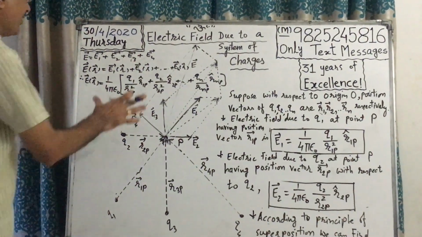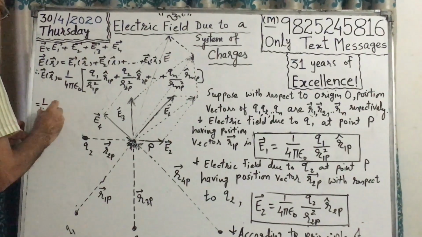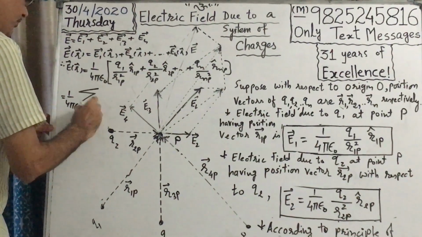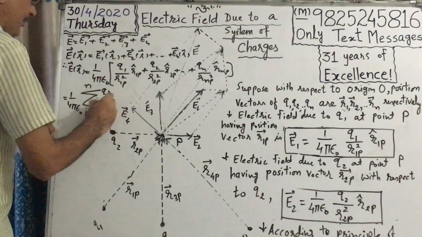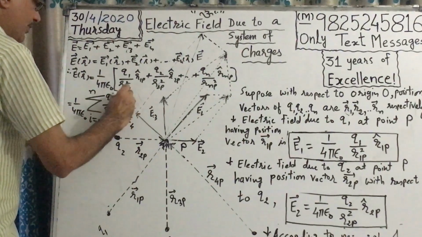Now this can be written in short form as 1 upon 4 pi epsilon naught into sigma, i from 1 to n, Qi upon RiP square into RiP cap.